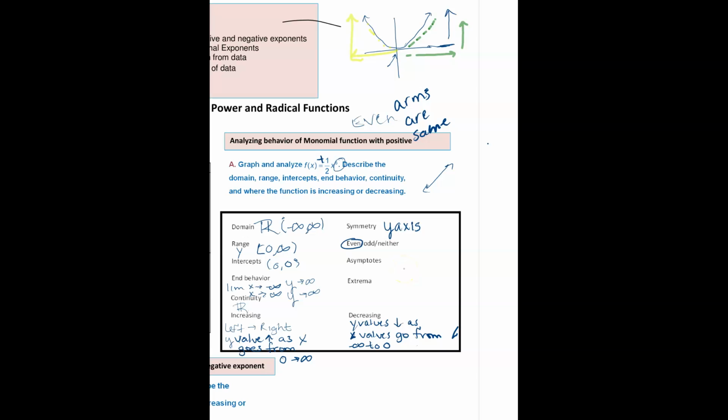No square roots, no denominators, so no asymptotes. And absolute minimum, maximum, or relative minimum, max. There is one valley, one minimum, and it's the absolute. Remember, it's a minimum, and it's at 0, 0. All right, so on to the next example.